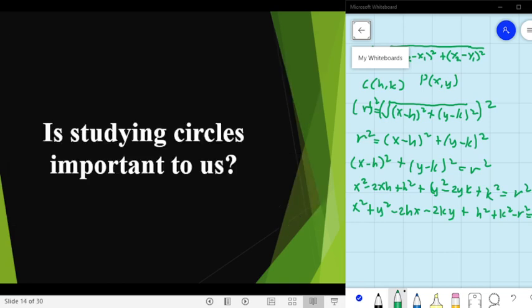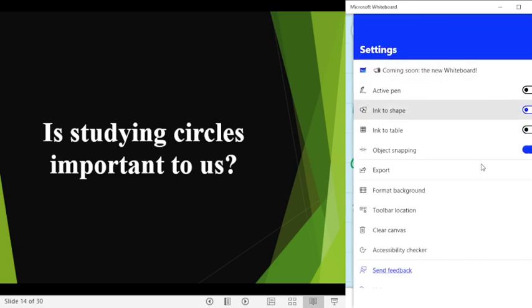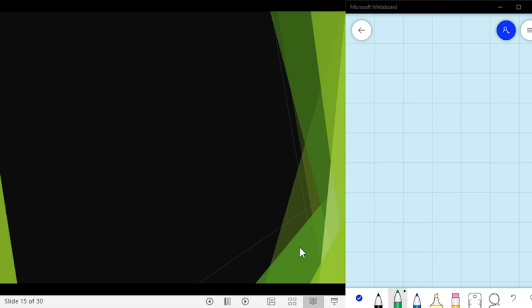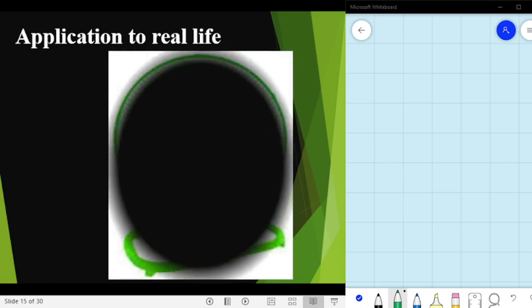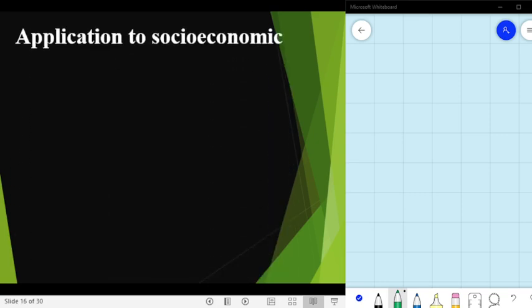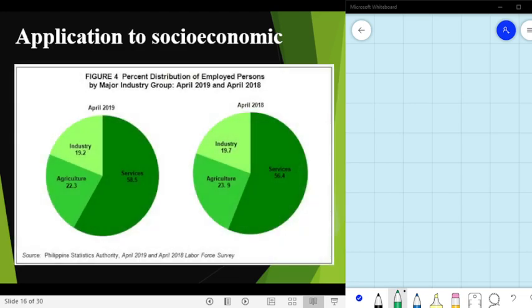Okay. Is studying a circle important to us? Okay, yes, because it has many applications to real life. Okay, so meaning sa atong palibot, there are many circles. It has also application to socio-economic, no?